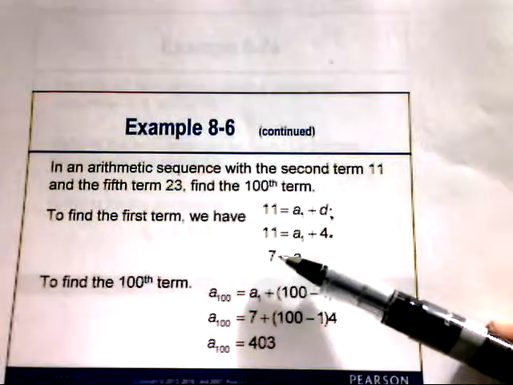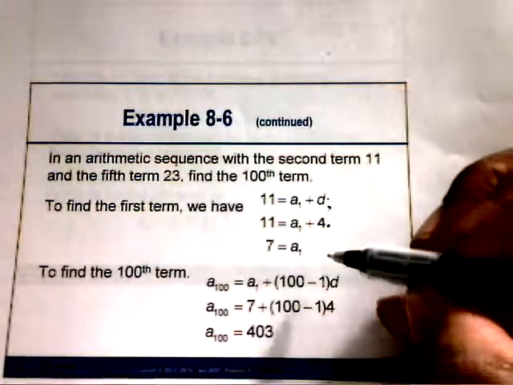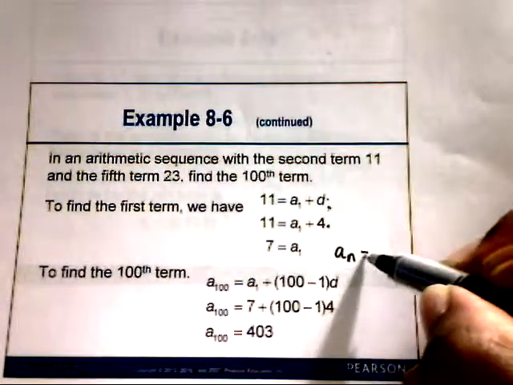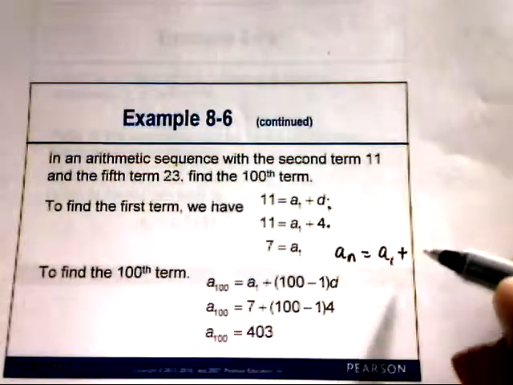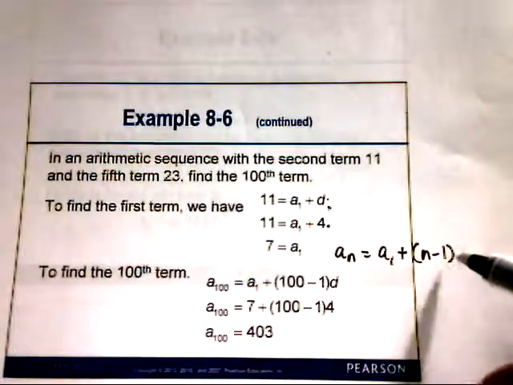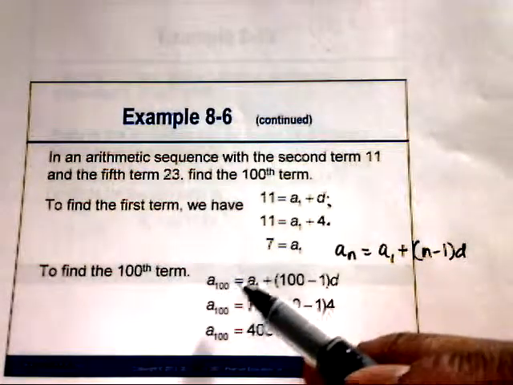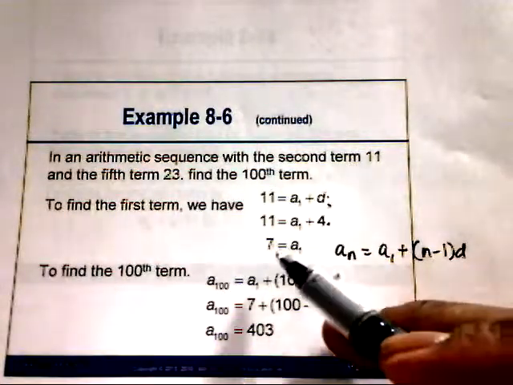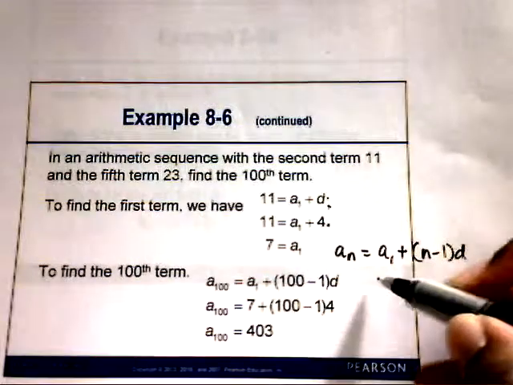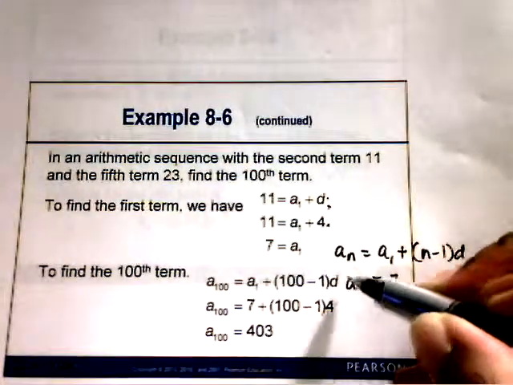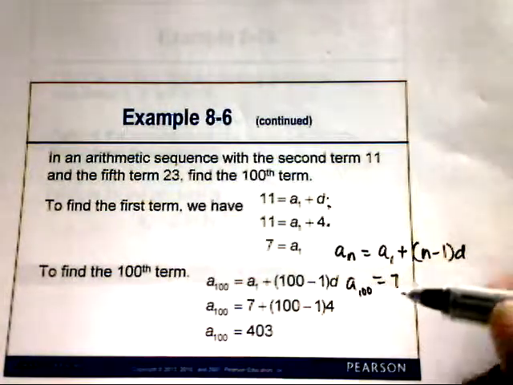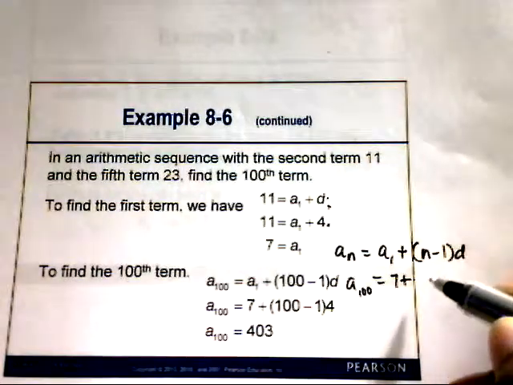Now to find the 100th term, and again I'll write the formula, a sub n is equal to a1 plus the quantity n minus 1 times d. In this case here, a1 was 7. So we're finding the 100th term. So a1 was 7.